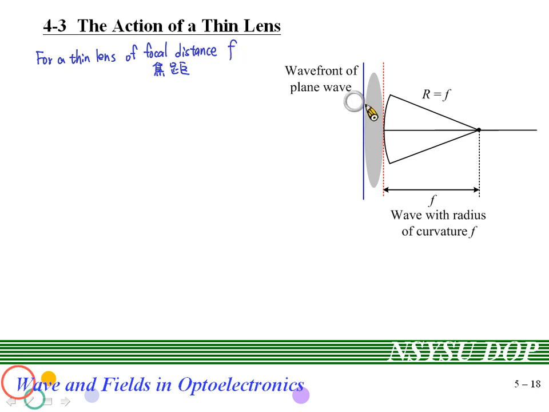Assume that a plane wave is passing through this lens. Before the lens, the amplitude of the plane wave can be expressed as u. After passing through the thin lens, the amplitude becomes u prime. And we assume that the lens is very thin and lossless.